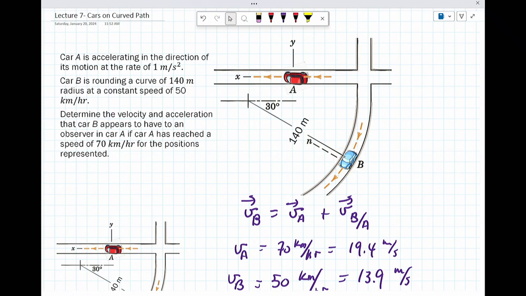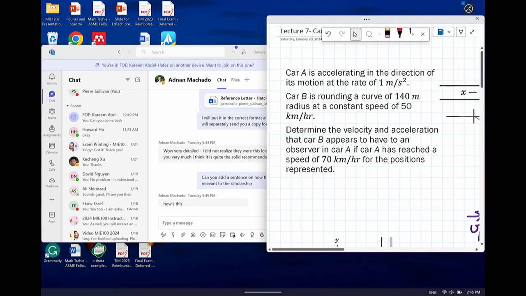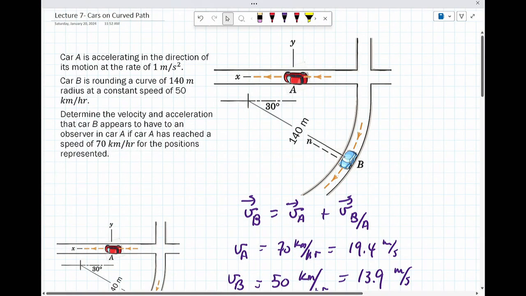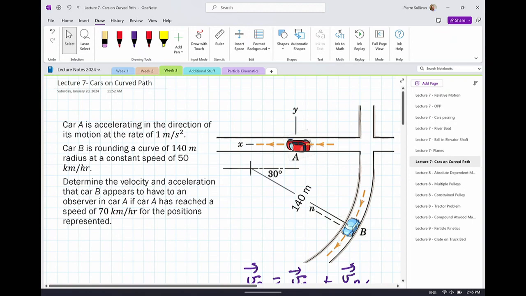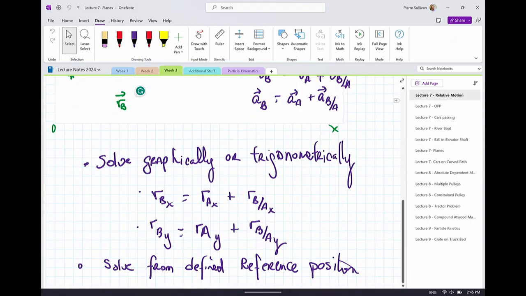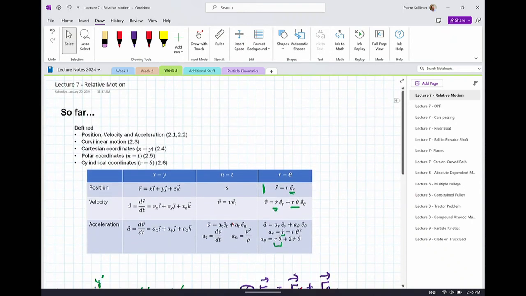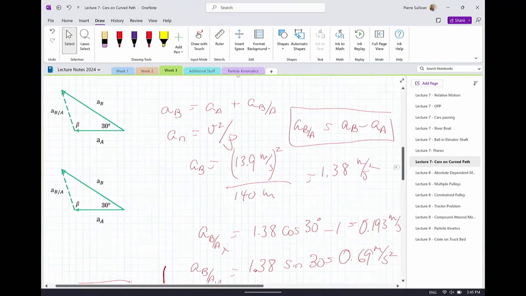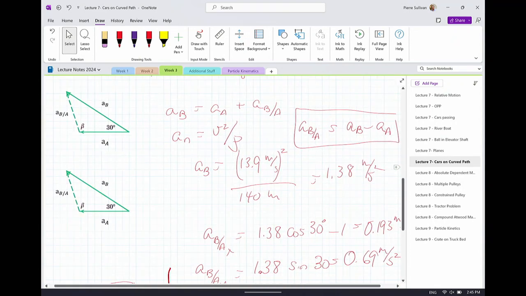So if it's traveling at a constant rate, the tangential acceleration is equal to 0, and the acceleration is in the n direction, which, if you remember the problem, is pointing in towards the center of curvature.